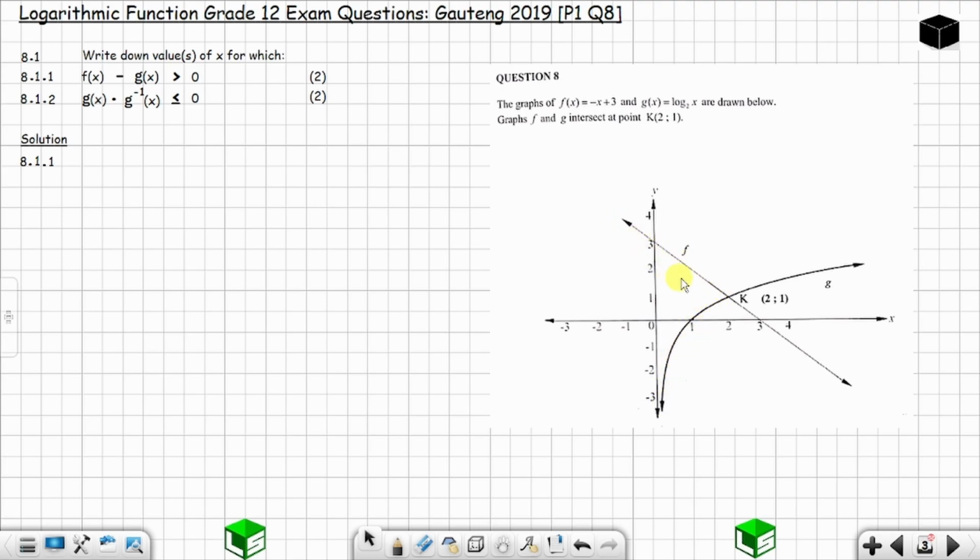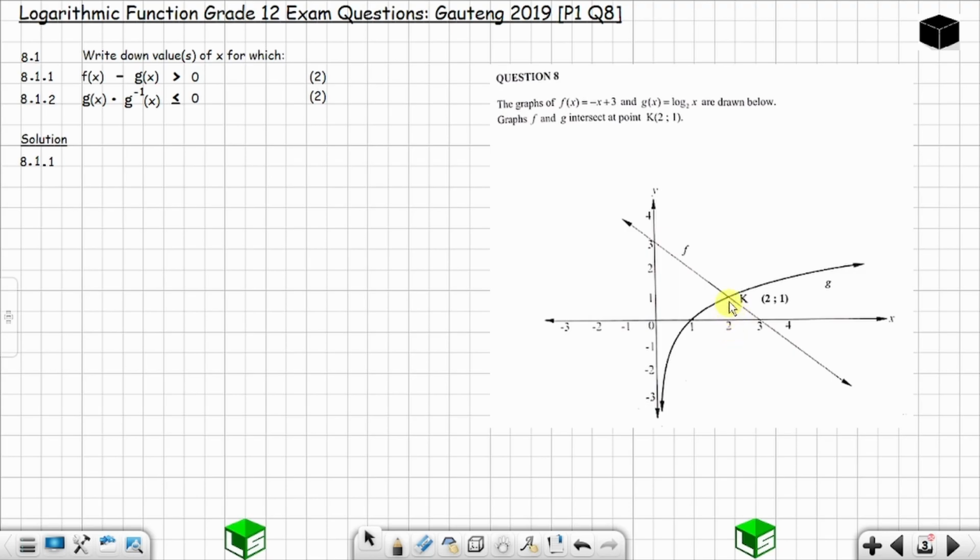So when f is above g, it means f is greater than g. And when you have a greater value minus a smaller value, you're going to get positive, an answer which is greater than 0. Okay, so only from 0 to 2, but you are going to exclude 2.